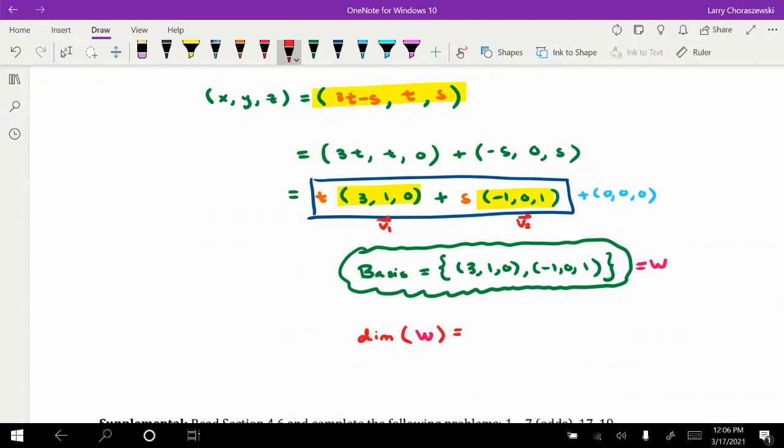The dimension consists of the number of basis vectors. Not R2, simply just the number 2. So the dimension of our solution space is 2. It's 2 because we have 2 vectors in the basis.